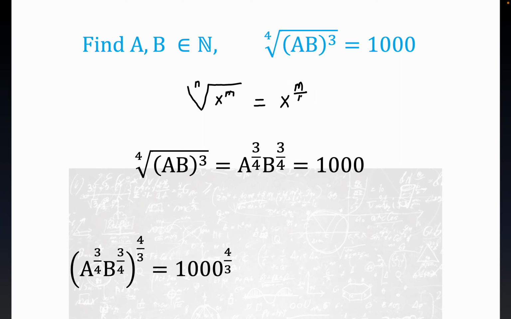Okay, and y'all, this n sometimes is called the index of the radical. Now we are looking for natural number solutions right here. Notice that this statement alone, and by the way, you can split radicals too. I didn't write that property down, but this result just follows from using this definition, and also you can split the radical.